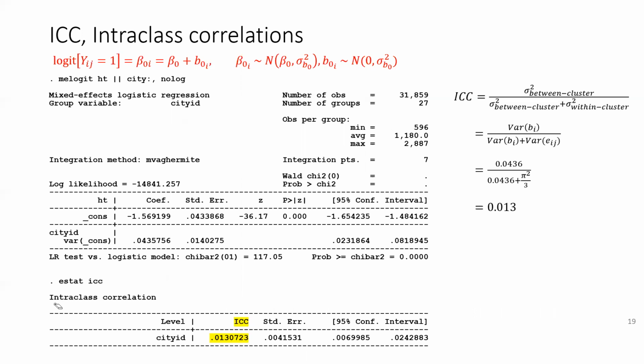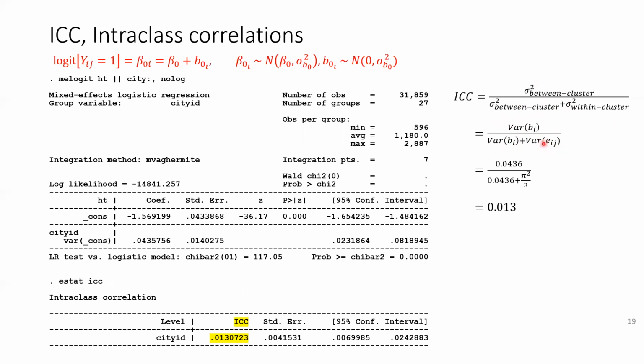ICC, intraclass correlation. So this is a general formula for ICC. The numerator is between cluster variance, and for the denominator, we add two variances, between cluster and within cluster. And they are given by variance of random intercept divided by variance of random intercept plus variance of error terms.